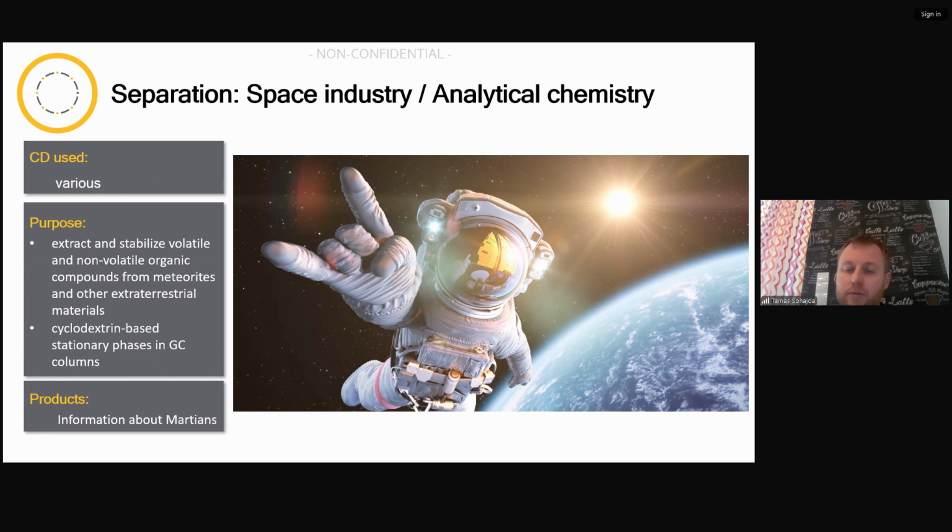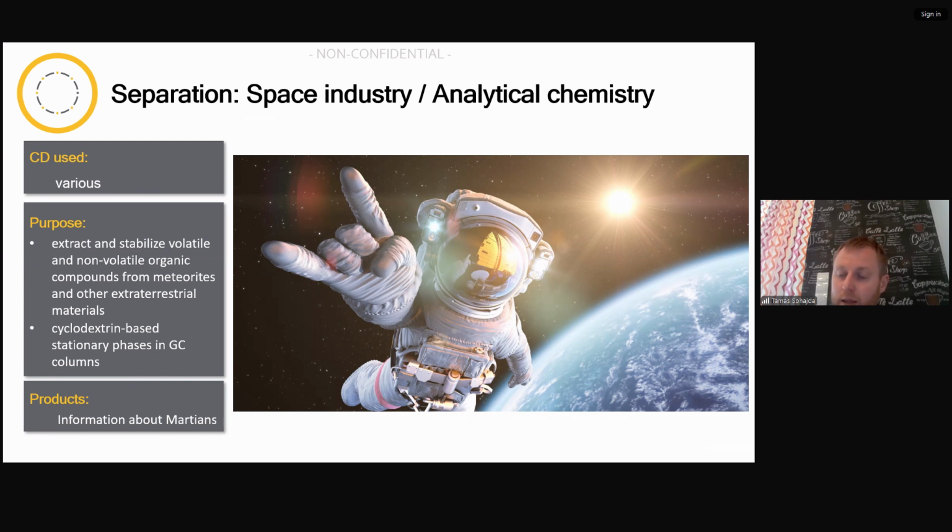So cyclodextrins are chiral molecules, and they can distinguish between DNA and telomeres. Which means that from an analytical perspective, they can distinguish fairly easily between compounds of high similarity. And on Mars and several extraterrestrial explorations, you know that there are these robots that gather samples with the intention to look for traces of extinct life.